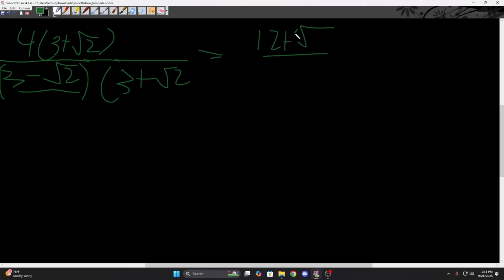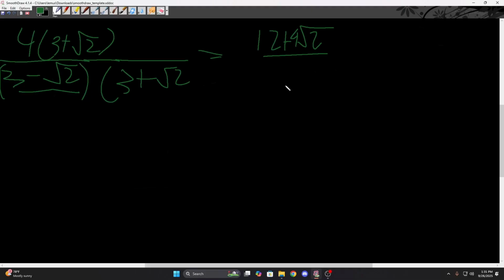So the better way to explain it would be, in order to simplify this, you need to multiply the reciprocal, which is the opposite, on top, and that would be 3 plus radical 2. But you would also do it on the bottom. Now the top should have 12 plus 4 radical 2.